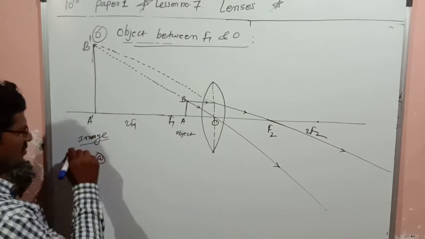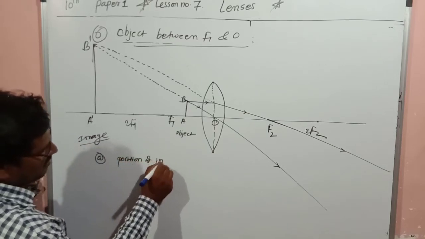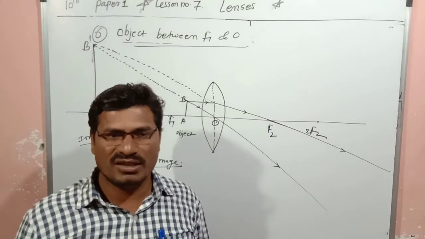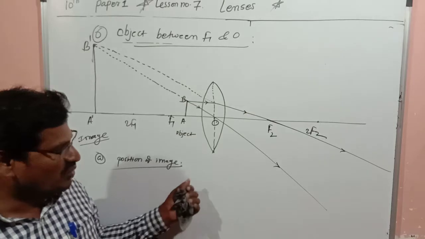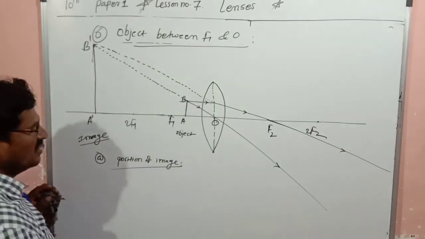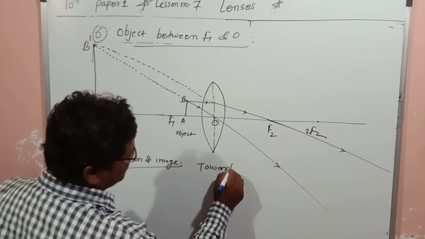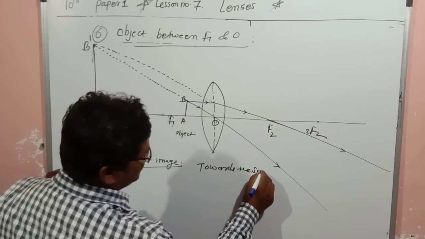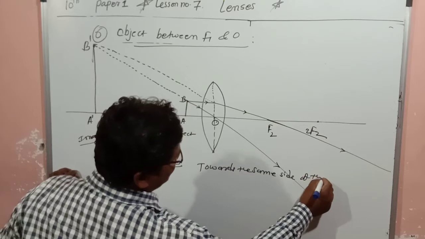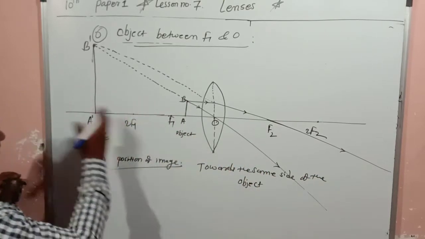So, 3 points. First, the position of the image. What will be the position of the image? The image will be towards the same side of the object.